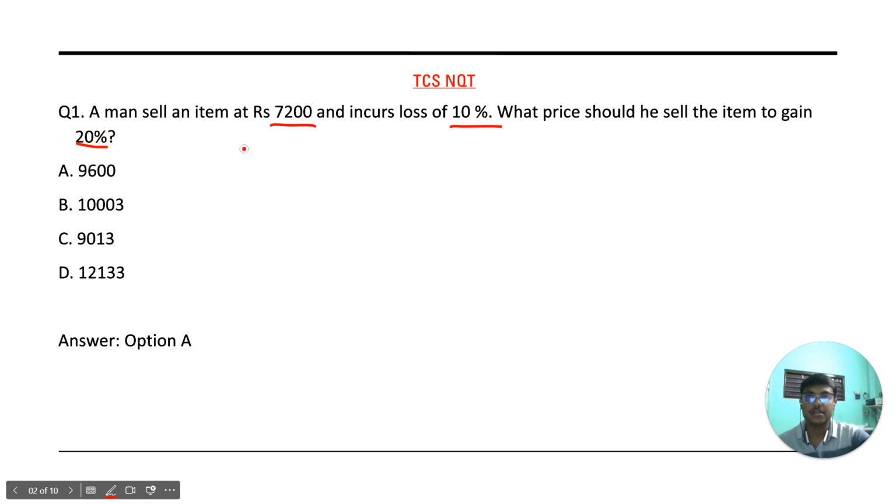Okay. So from the data given in the first sentence, we can get the cost price. Let's say cost price is CP. So cost price into 10% loss, so we have 90 by 100 is equal to the given amount, which is 7200.